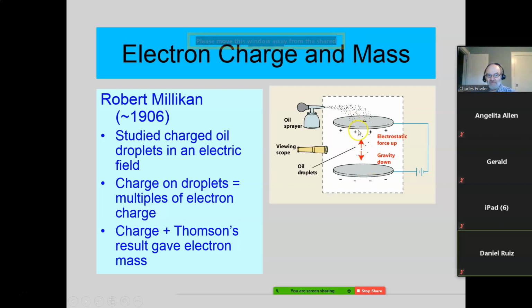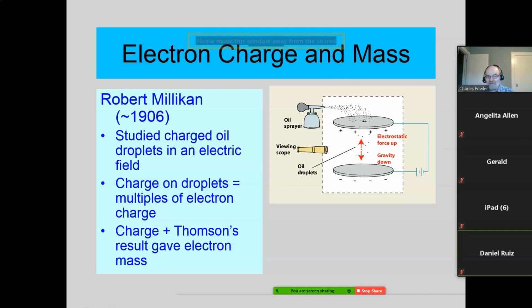If there was an electric charge on this, an electron, then the electric field would tend to push the electrons up because they would be repelled by the bottom plate and attracted by the top plate. If there was no charge or very little charge, gravity would be pulling down. So you have these two forces working against each other.